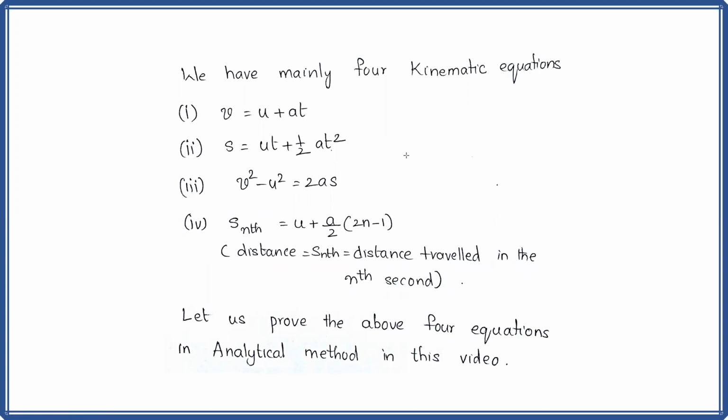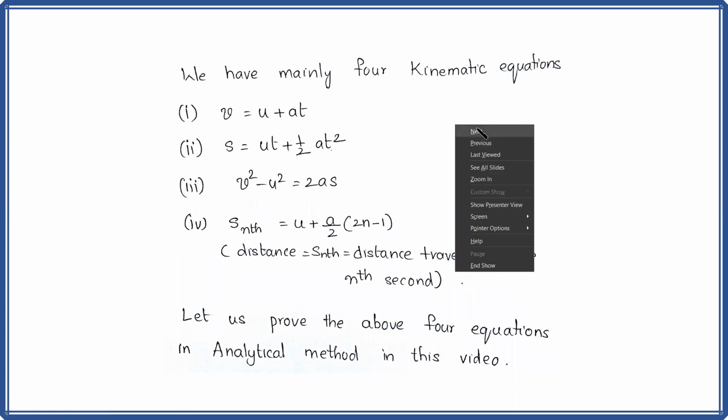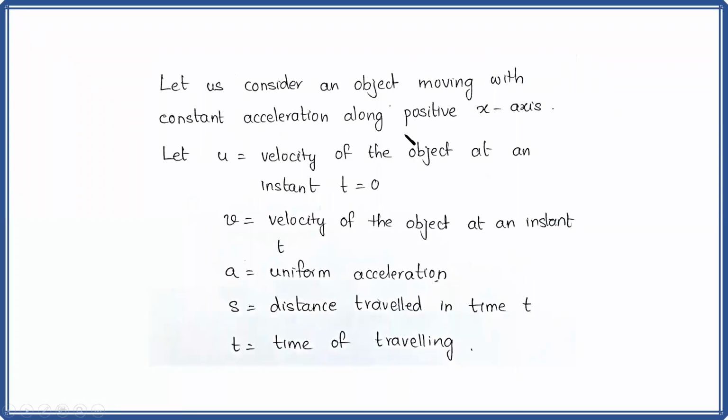Now let's go one by one slowly. Let us derive one by one. Let us consider an object moving with constant acceleration along the positive x-axis. As I told you, an object can be anything: any car, train, person, bird, animal, whatever it can be.